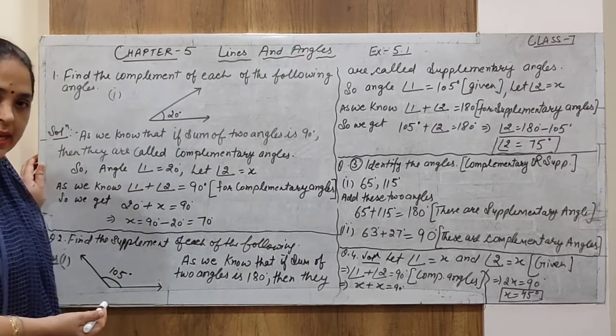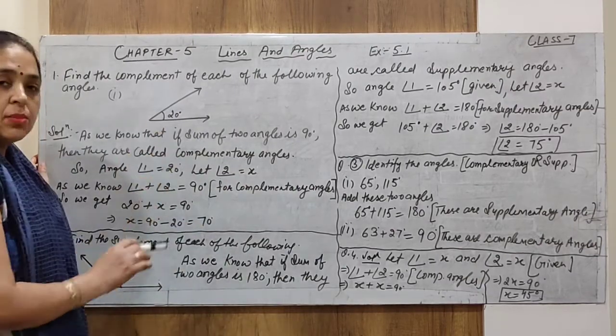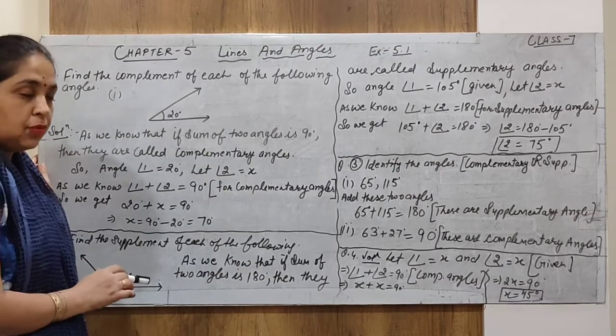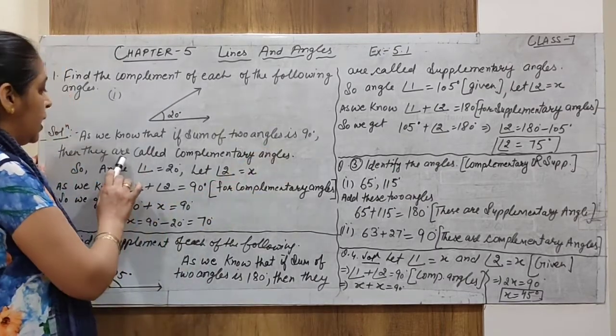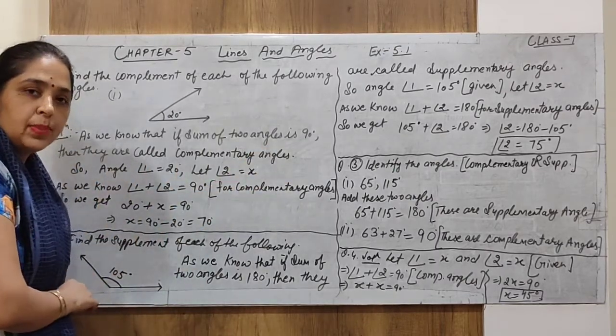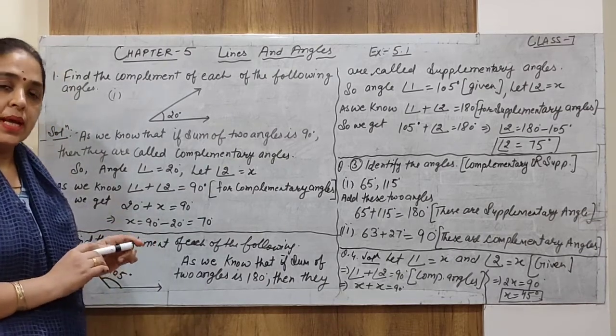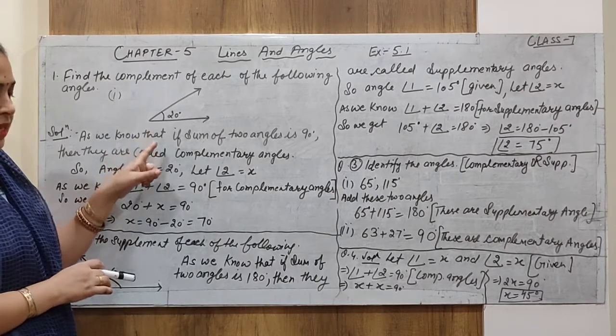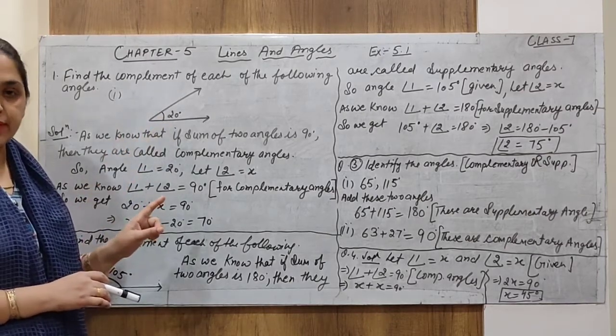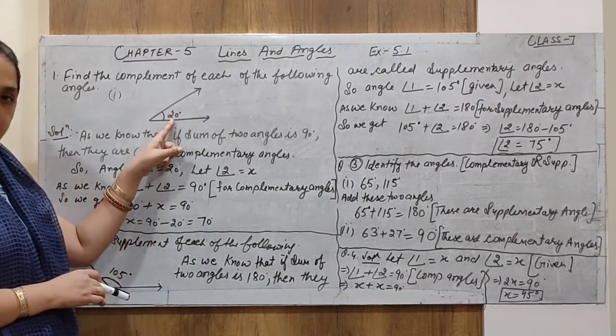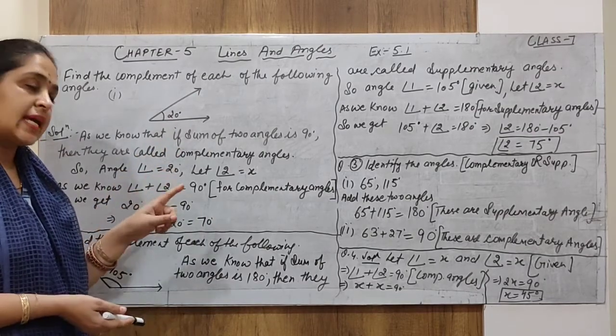Any two angles can happen, but when the addition of two angles is 90 degrees, these angles are called complementary angles. That is a pair of complementary angles. So in this case, one angle is already given, that is 20 degrees. We have to find out the second angle.